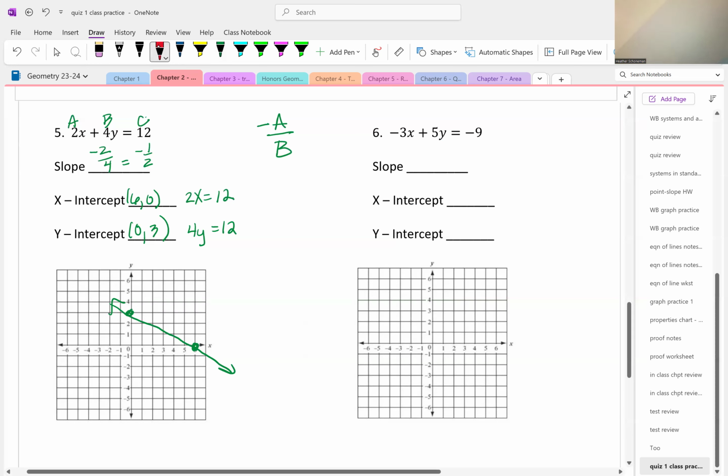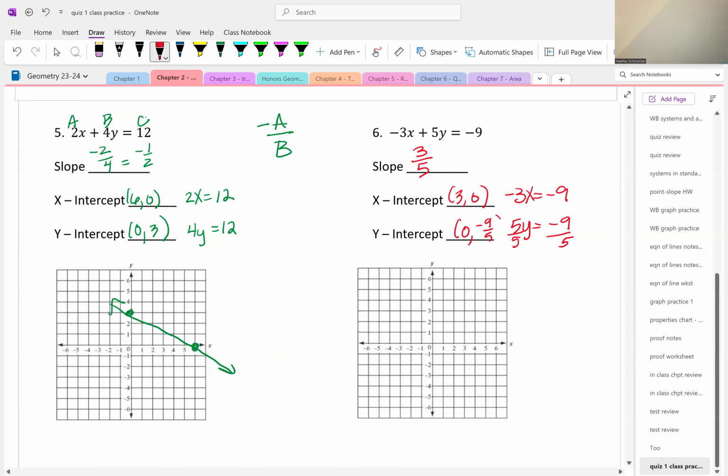Okay, number 6. Our slope is the opposite of A over B, so that's going to be 3/5. The x-intercept is when y goes away, so I get -3x = -9, so x is going to be 3. The y-intercept is when x goes away, so I have 5y = -9. And when I divide by 5, y is going to be -9/5.